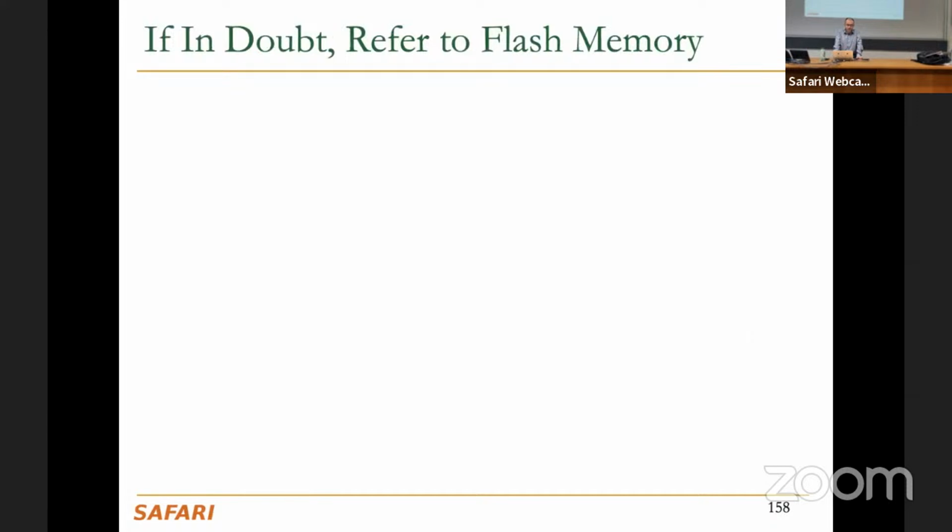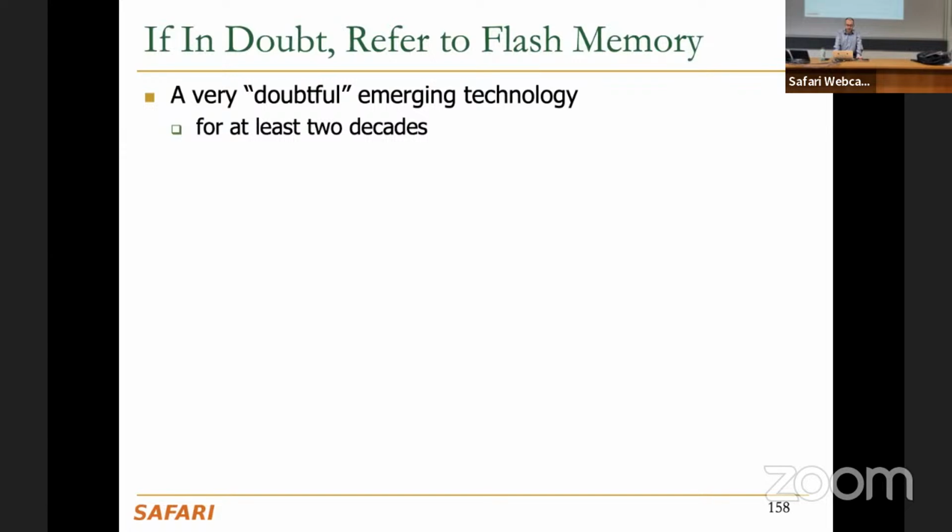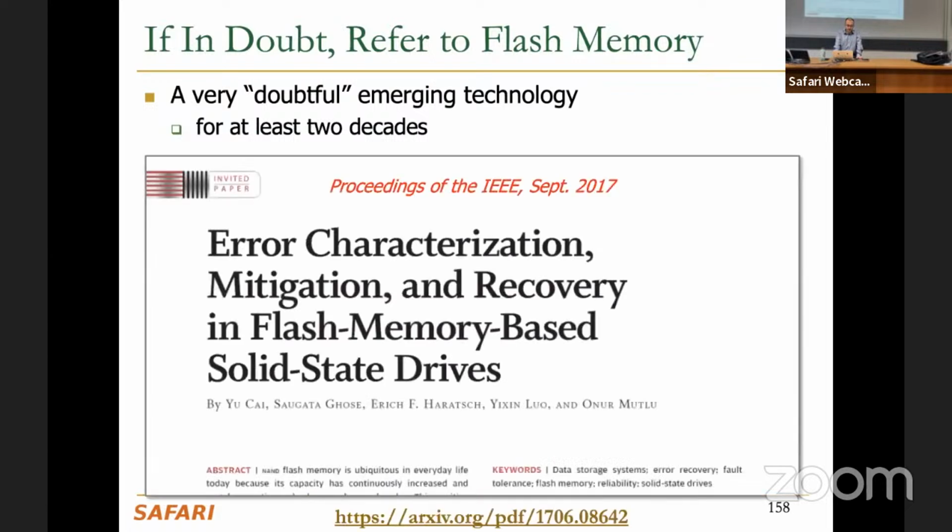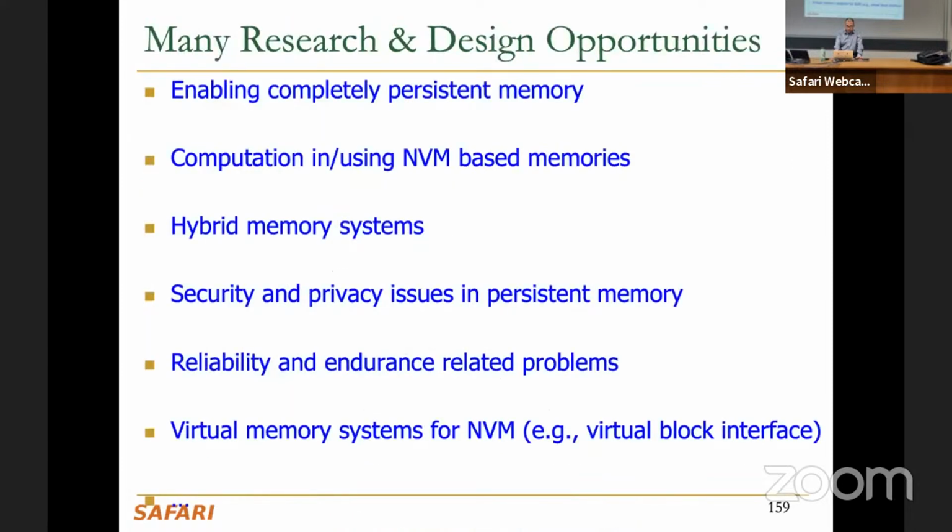And of course, if in doubt, refer to flash memory, an emerging technology for at least 2 decades. But now you can see that flash memory is everywhere, in all our pockets. And we're going to learn a lot about flash memory next week.